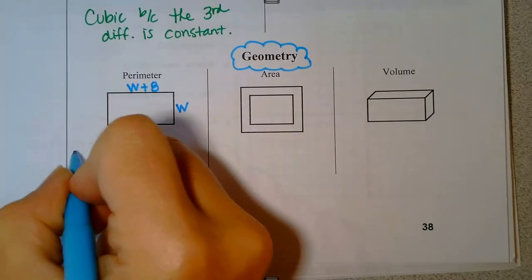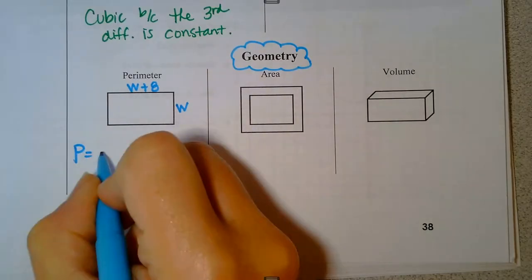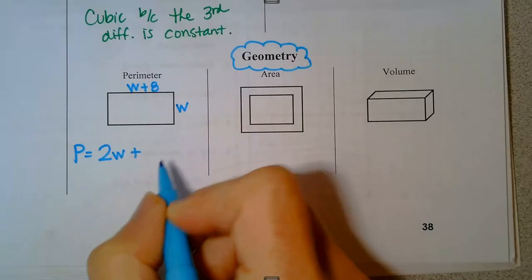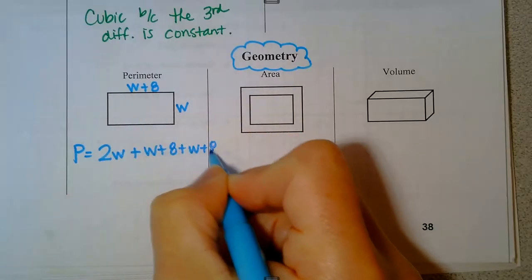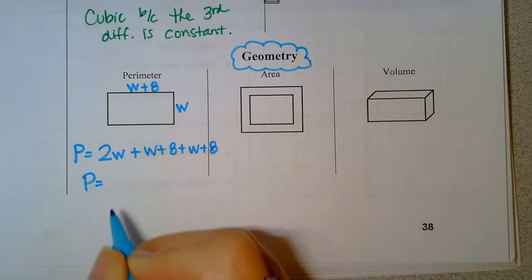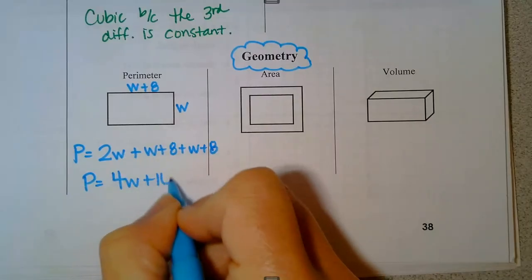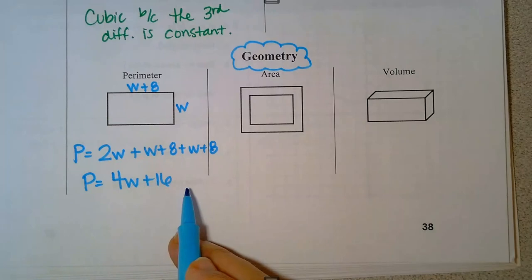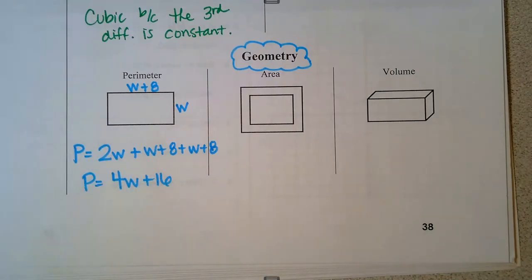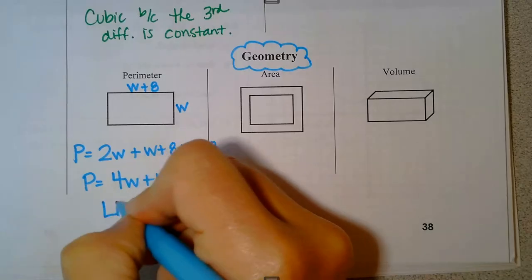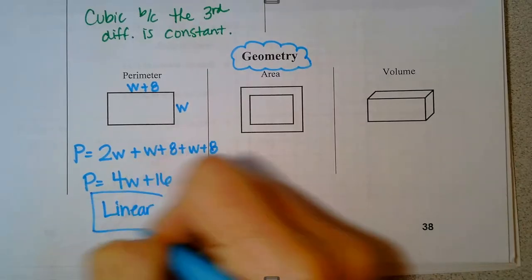So what would my perimeter be? 2W plus 2W plus W plus 8 plus W plus 8. What's that? 4W plus 16. Fantastic. What type of equation are all perimeter equations? Linear. Fantastic.